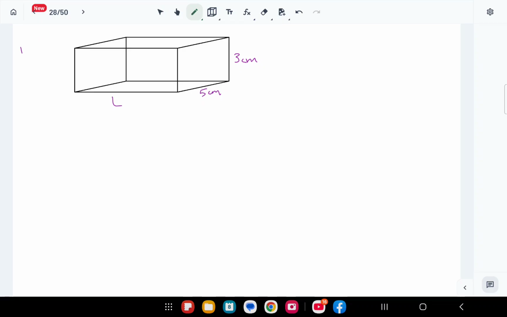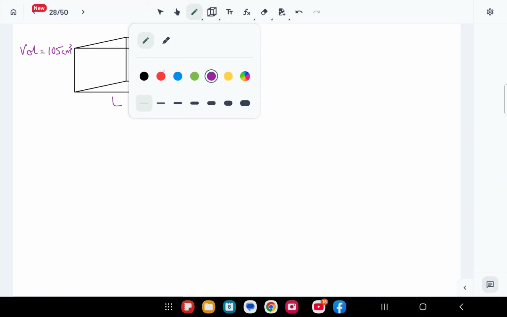Let's say they told you the volume is equal to 105 centimeters cubed, and now you need to solve for the length.